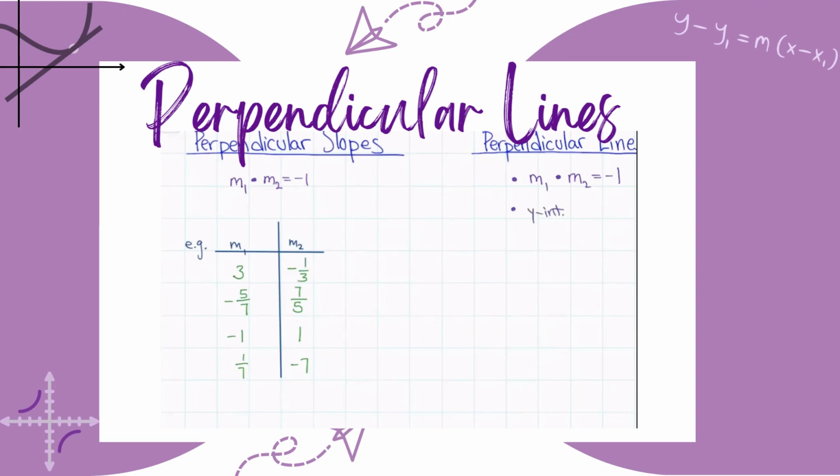Y-intercept may or may not be the same. If they're the same, it's okay. If they're not the same, it's also okay. It just depends on what you're given and how it tells you to approach it. Sounds good?